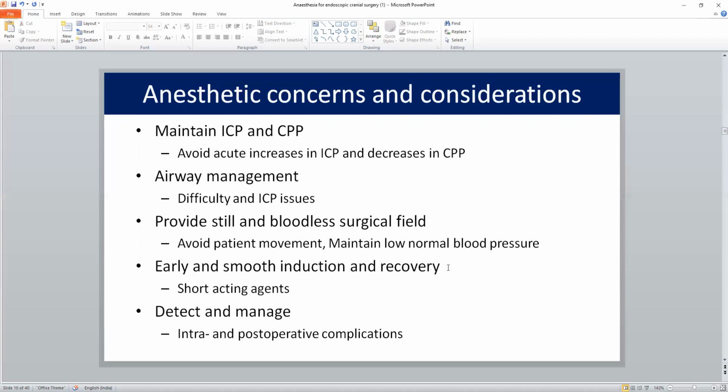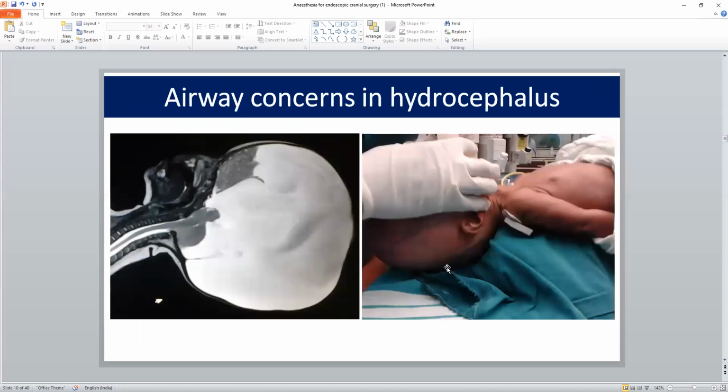Another important consideration that anesthesiologists should take into account is the possibility of complications in the immediate postoperative period and also in the intraoperative period. And anesthesiologists should be knowledgeable and swift in diagnosing and managing these complications.